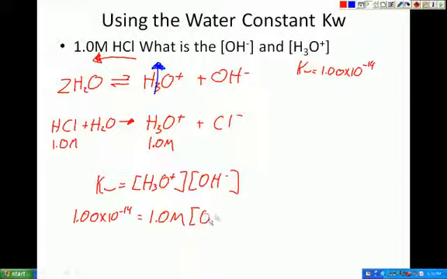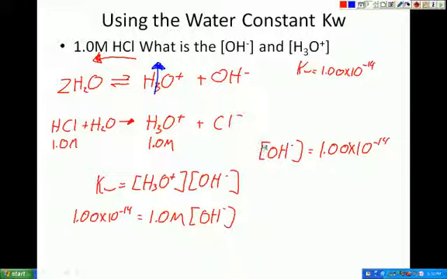And so what is our concentration of OH-? Well, by mathematics, our concentration of OH- equals 1.00 times 10 to the minus 14.